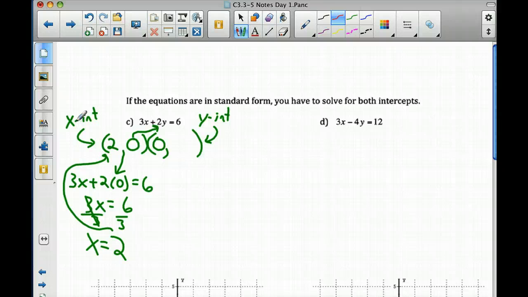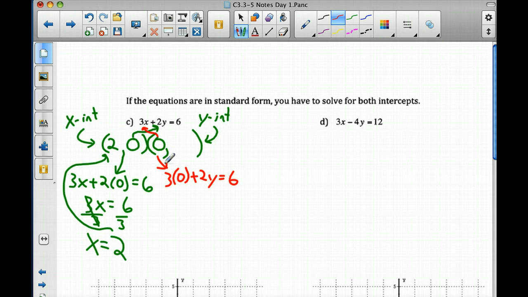Now, we're starting all over. We're going to take 0 and plug it in for x. Somebody tell me what to write. Take a risk. 3 times 0 plus 2y equals 6.